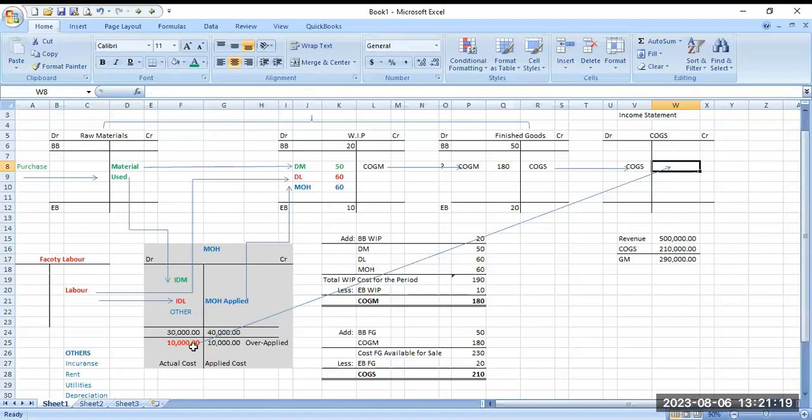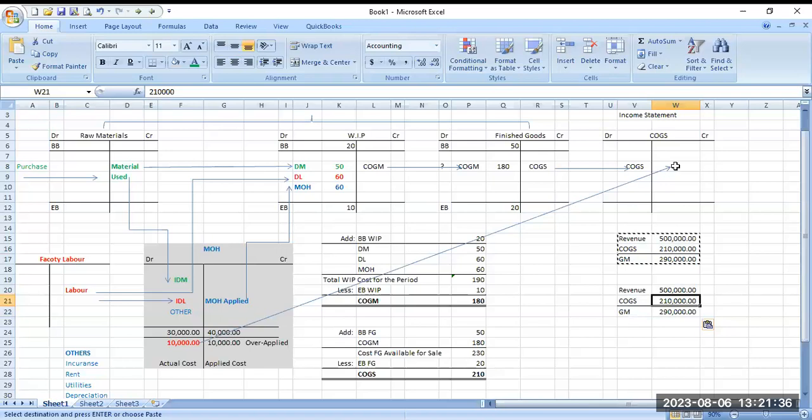Make sense? So what I'm going to do is reduce my cost of goods sold. And what's going to happen with my gross margin? It will come down by 10,000. Exactly.